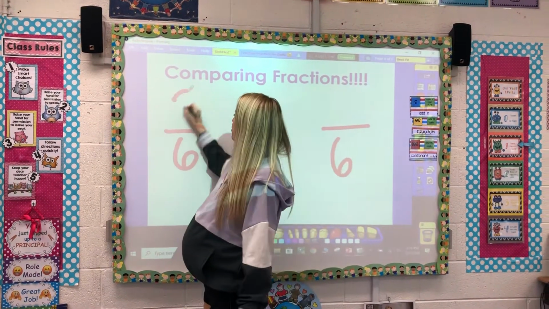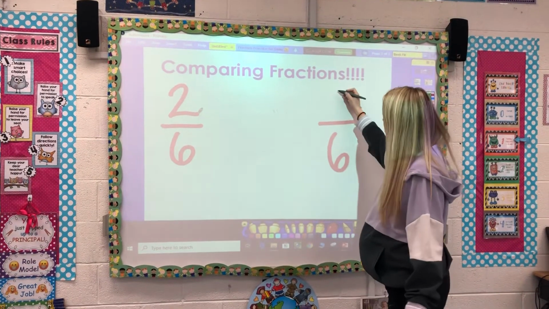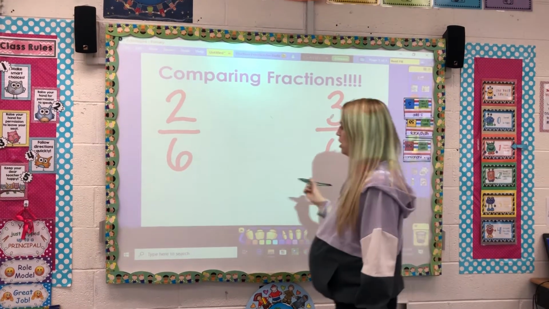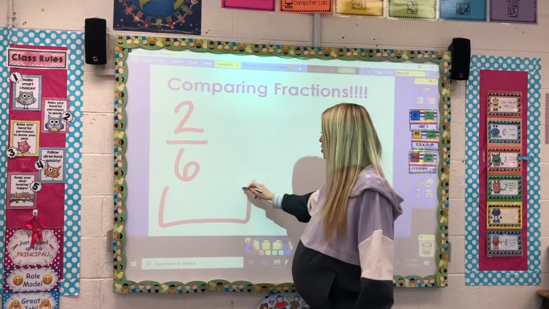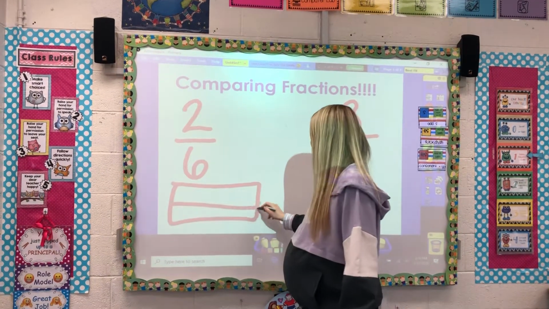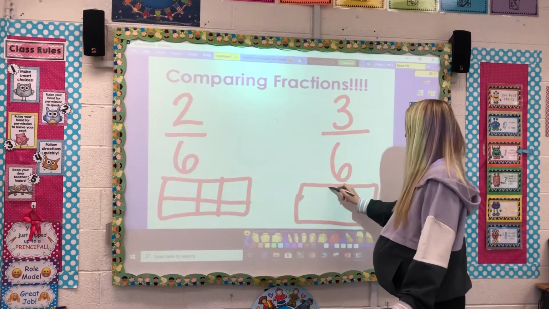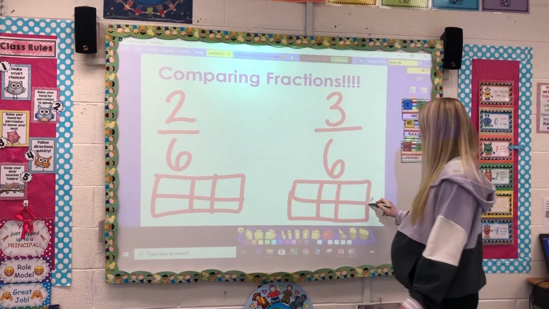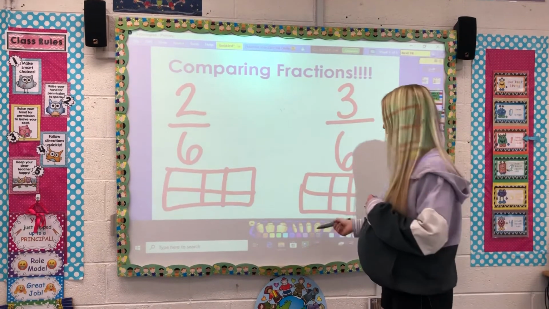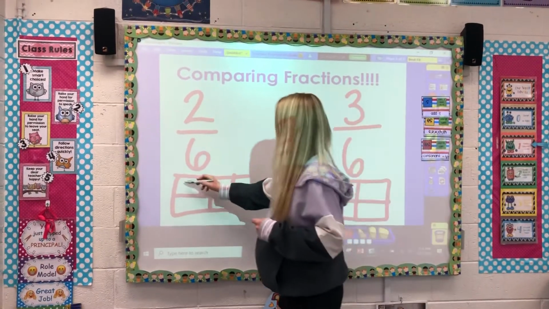And we can do 2/6 and 3/6. Okay, so let me draw. This time let's draw a little cake. 6 pieces, 6 pieces. Okay, this time I have 2 out of the 6.